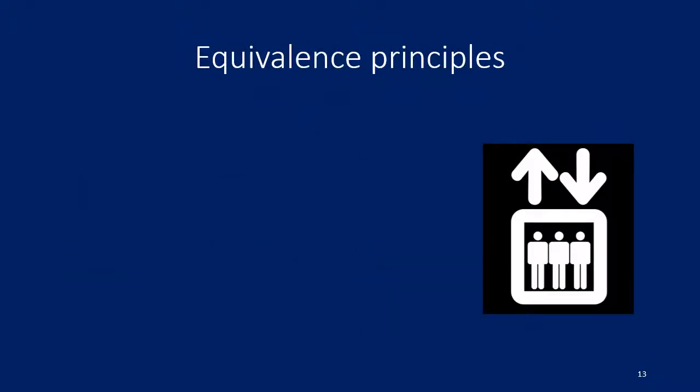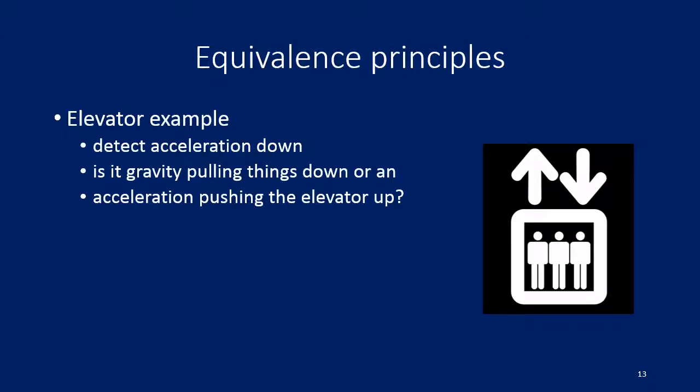We'll touch on general relativity by looking at equivalence principles. There is an elevator example used. If we're in an elevator and we detect acceleration down, well, is it gravity pulling things down or an acceleration pushing the elevator up?